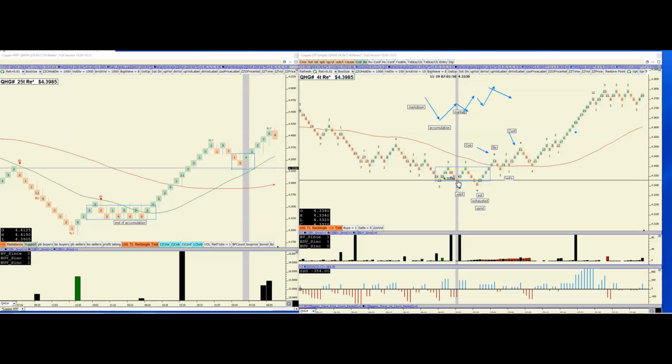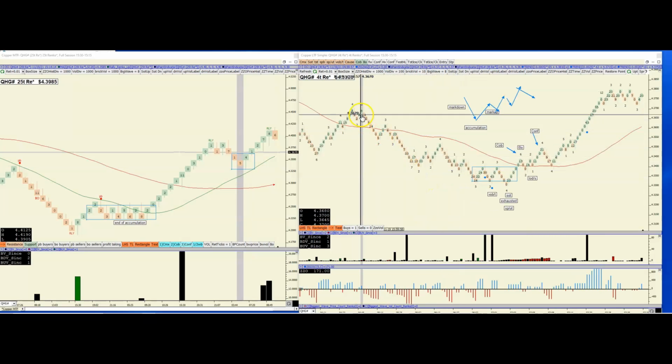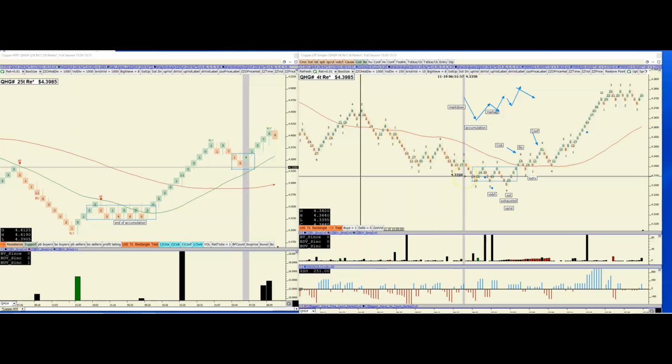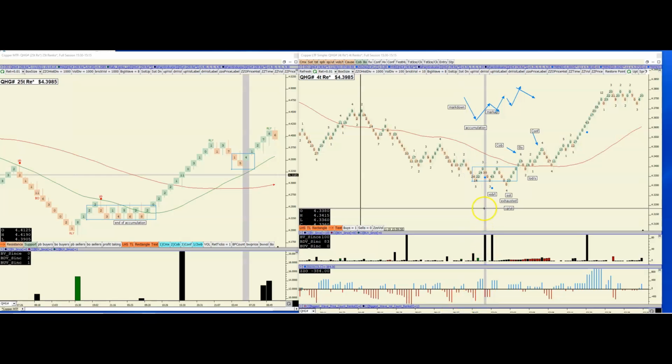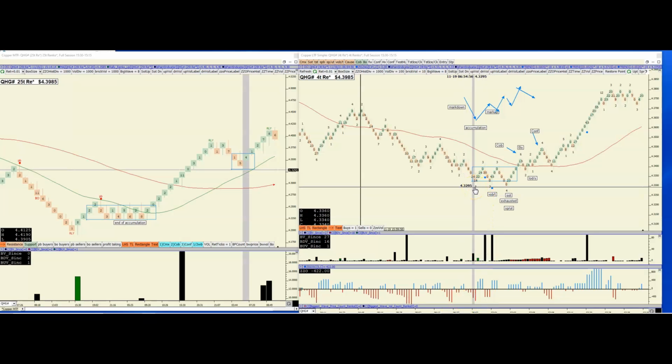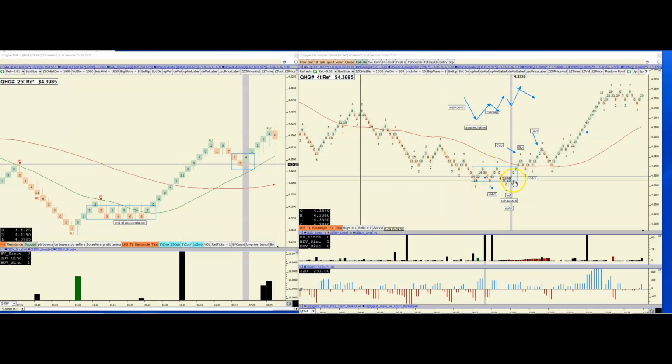Now, here's the thing. Not every time will you have all the behaviors. For example, when the market is marking down, you will not always have a very strong selling climax indicating exhaustion, followed by the secondary test and all of that.